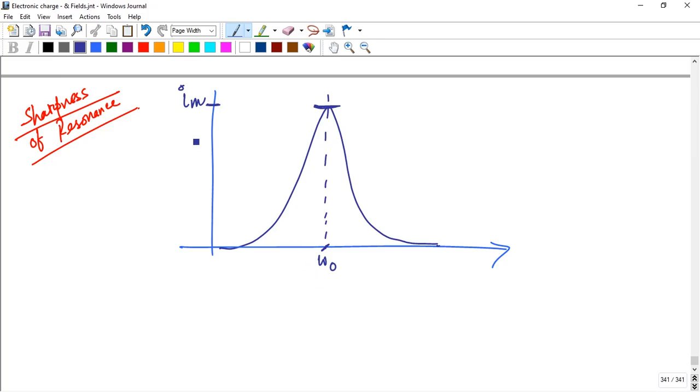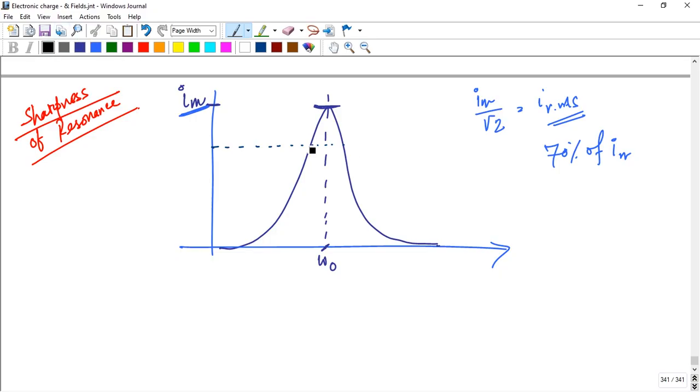Now if I take 70% of IM, that is IM by root 2, we get IRMS, meaning 70% of the maximum current.